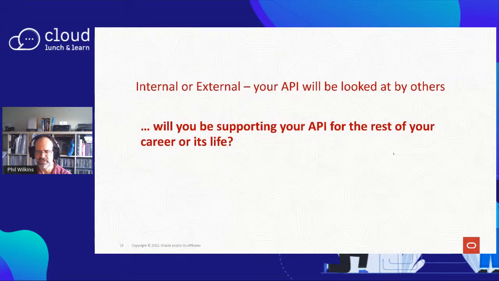But whether you're working on an internal facing connection or an external facing connection, the API definition, going beyond just the payload, is going to make your life a lot easier.